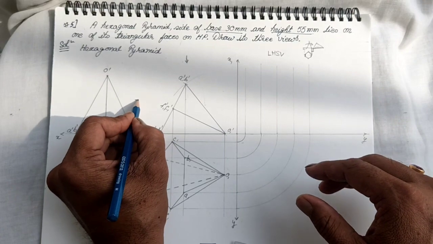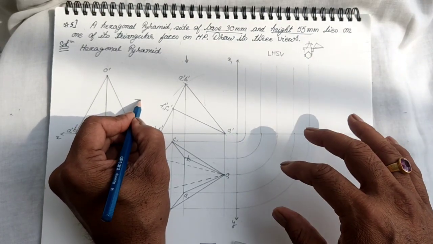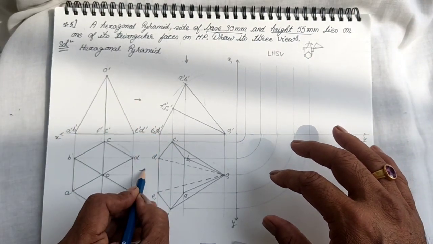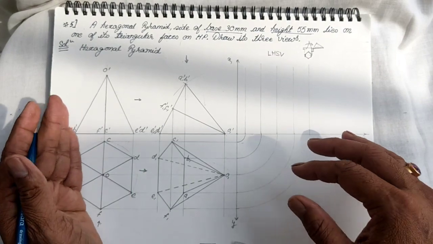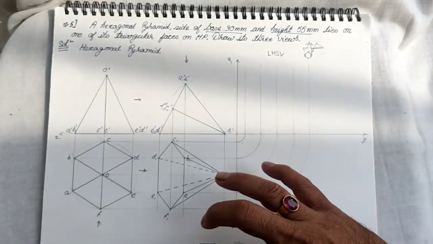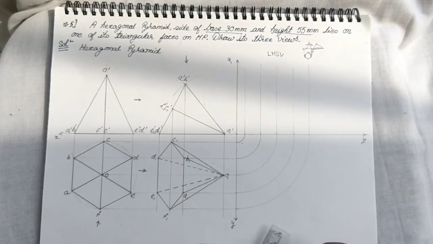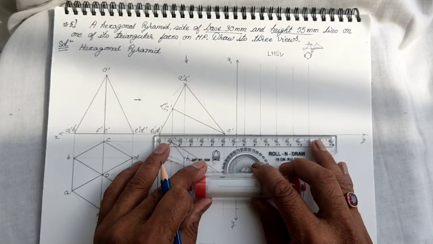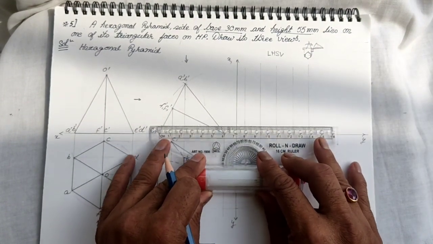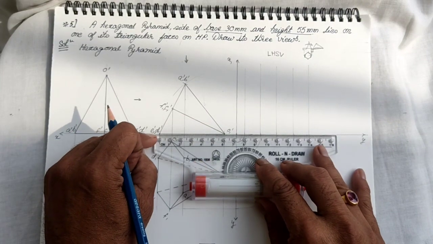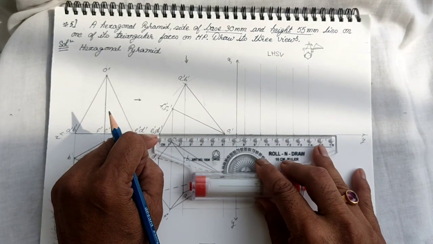That means we are looking at the solid, for this view, from this direction, from the left, and we are looking in this direction. So now we will drag all the heights from the front view, parallel to xy. So O, D and E are done.